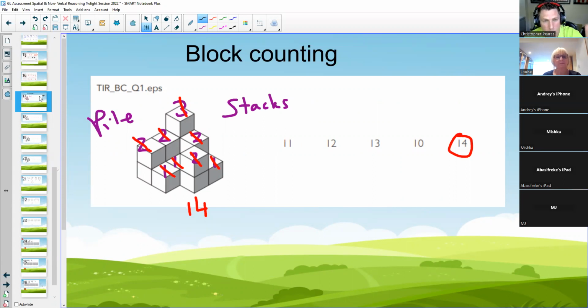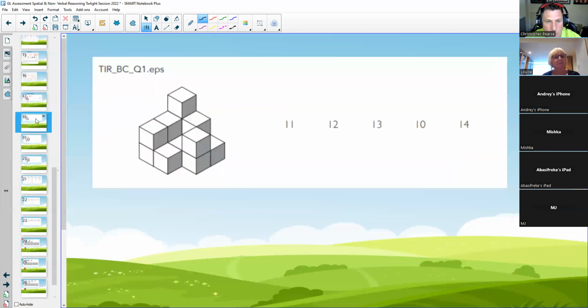Now, I put the word pile and stack because the vocabulary is quite important here. When we're talking about a stack, we're talking about one of those towers. When we talk about a pile, we're talking about the whole lot together. The idea behind these is that we need to work out how many blocks there are. A couple of rules apply here.